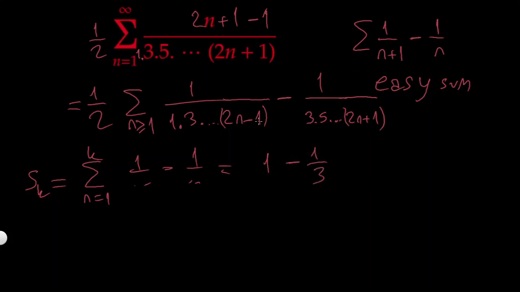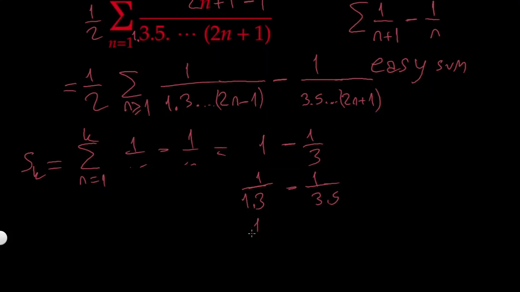If I put n equal to 2, it's going to be 3 here, so I'm multiplying it up to 3, so it's 1 over 1 times 3. And from here, I'm going to get 3 times 5. If I write this term again, it's 3 times 5, so it's easy to see how they are canceling.